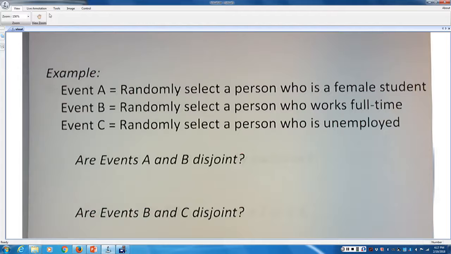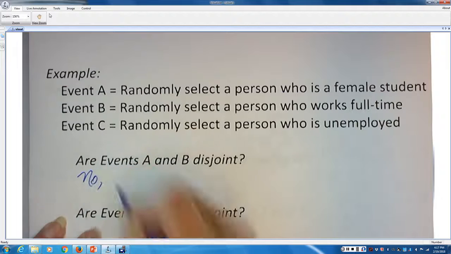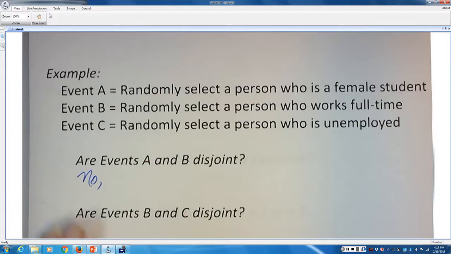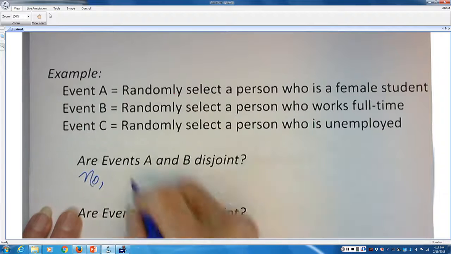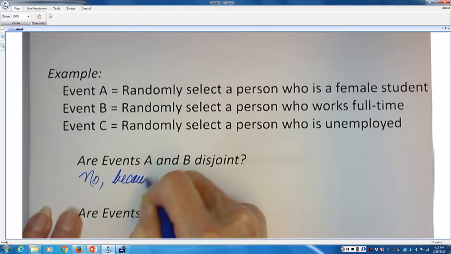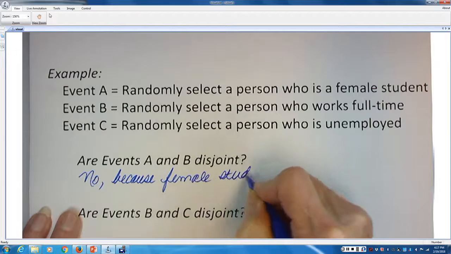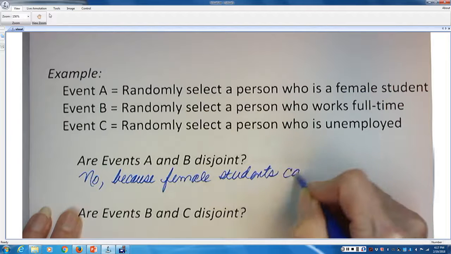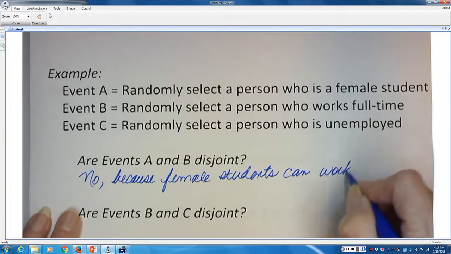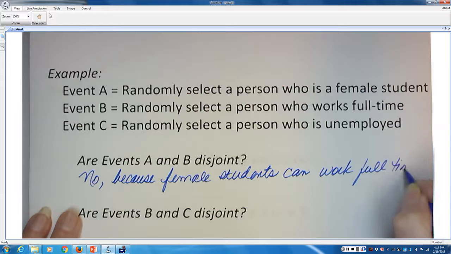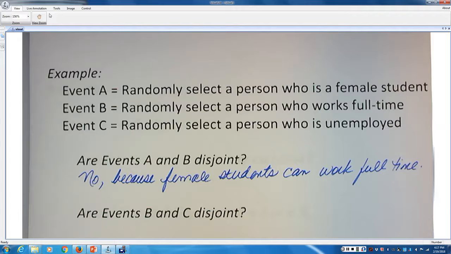So events A and B, female and full-time working, are not disjoint. And what's important is not just that the answer is no, it's why the answer is no. No, because female students can work full-time. You could select a female who is working full-time.